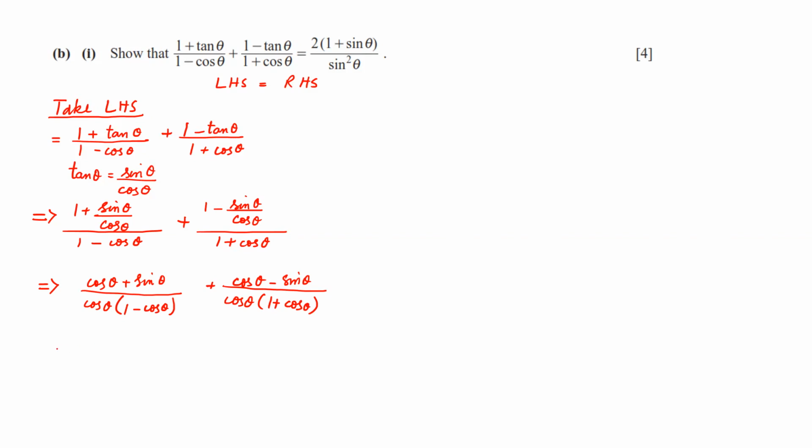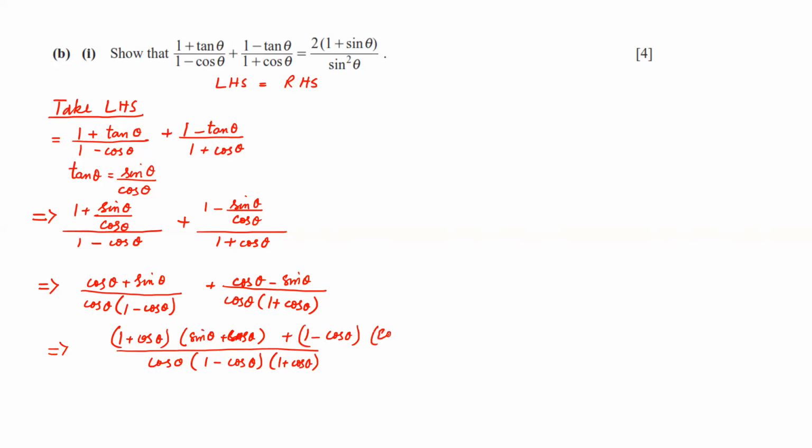Now, further simplifying it, we get cos of theta times (1 minus cos of theta) into (1 plus cos of theta). This is the LCM. And the numerator becomes (1 plus cos of theta) multiplied by (sine theta plus cos theta) plus (1 minus cos of theta) multiplied by (cos theta minus sine of theta).